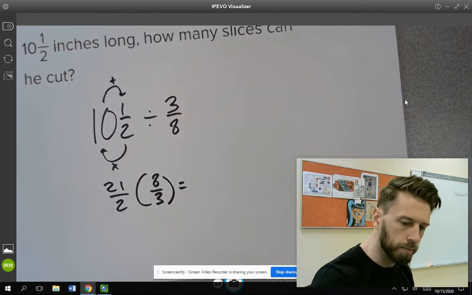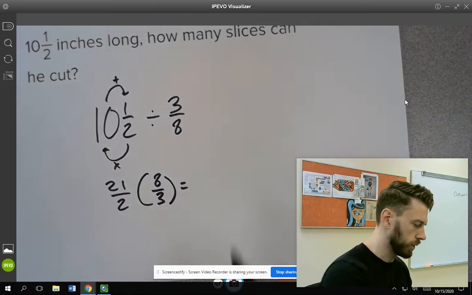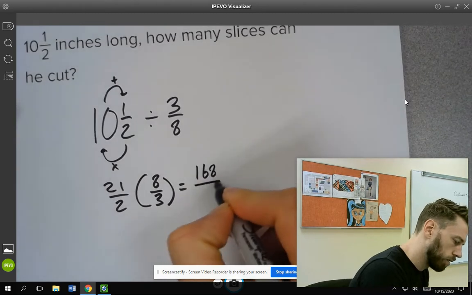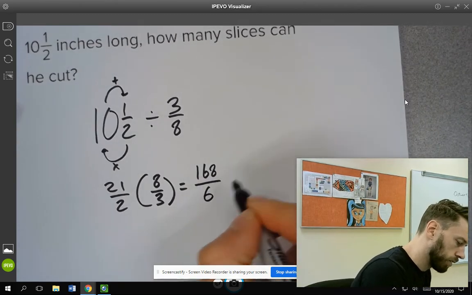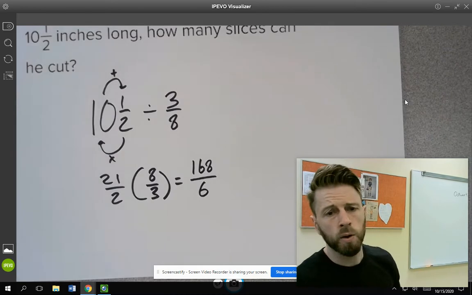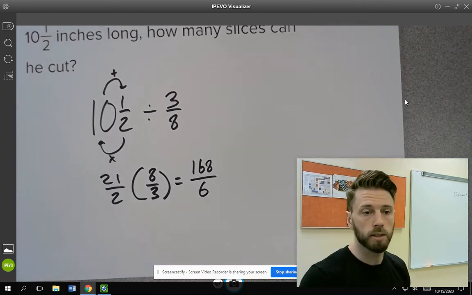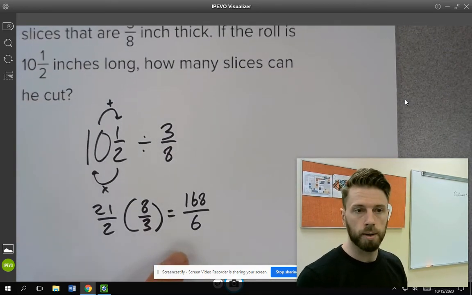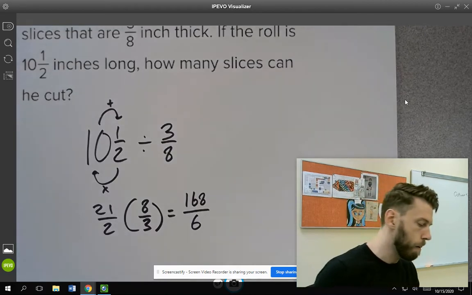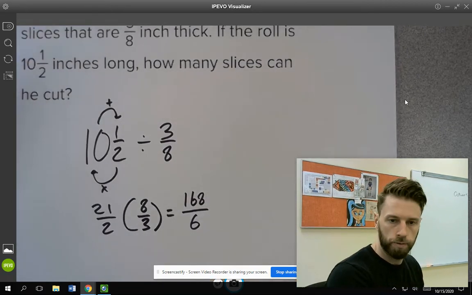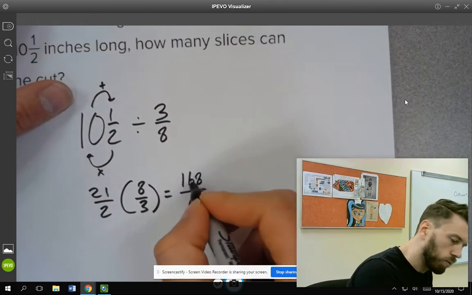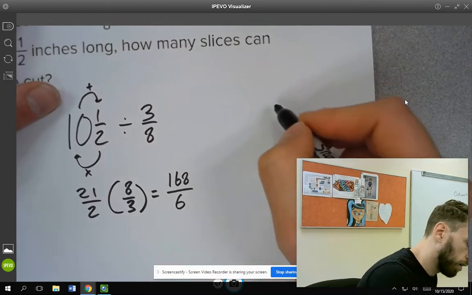And 21 times 8 is 168 over 6. And in order to figure out how many pieces he's going to get, this isn't a very good answer, right? Because the question is how many slices can you cut? We're actually going to divide this up and figure out exactly how many slices. So we'll do 168 divided by 6 to get our answer here.